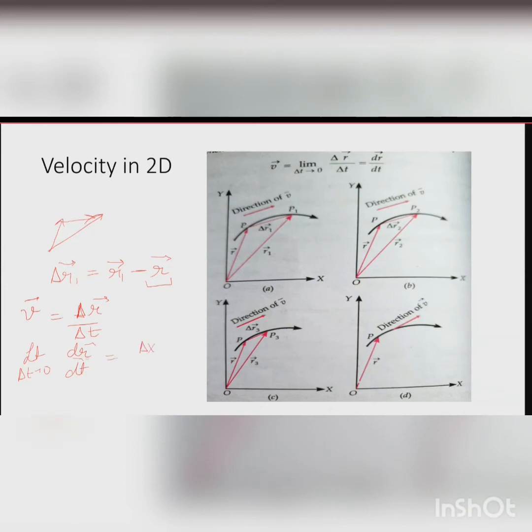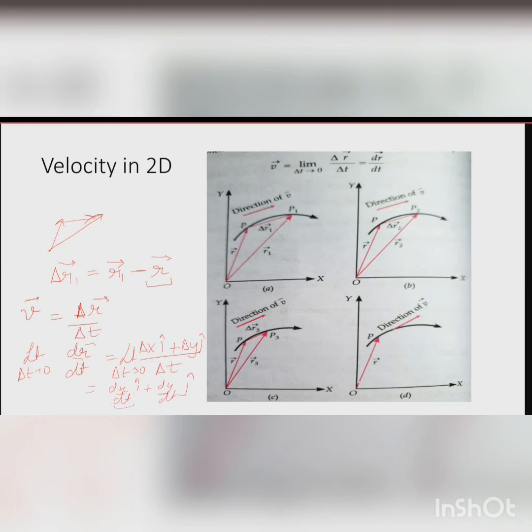which is nothing but the same as, for the r vector, I can write delta x i hat plus delta y j hat divided by delta t. So again, if I use the limit delta t tending to 0, this would reduce to the expression dx by dt i hat plus dy by dt j hat.